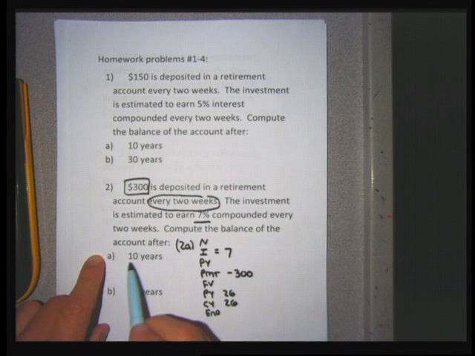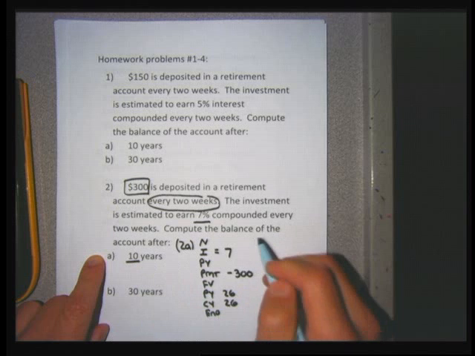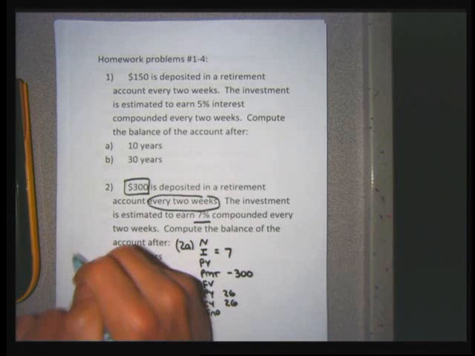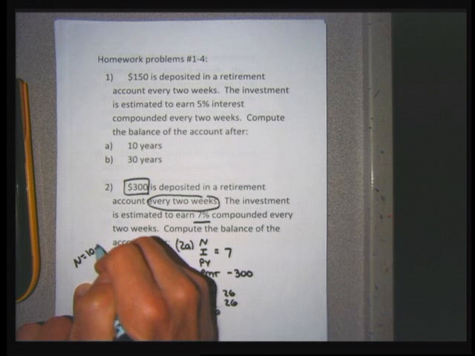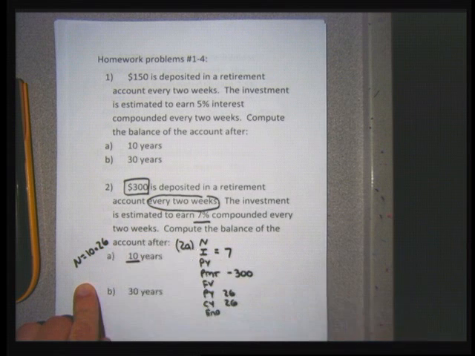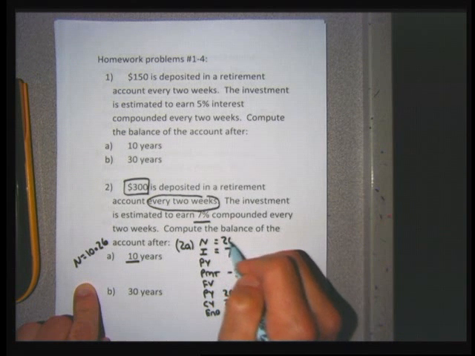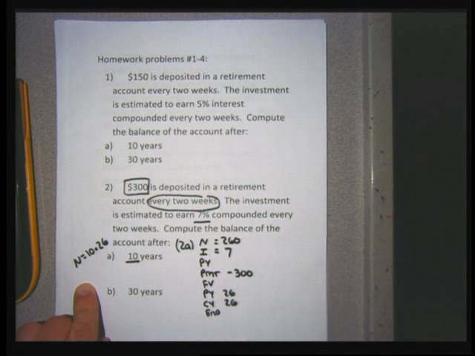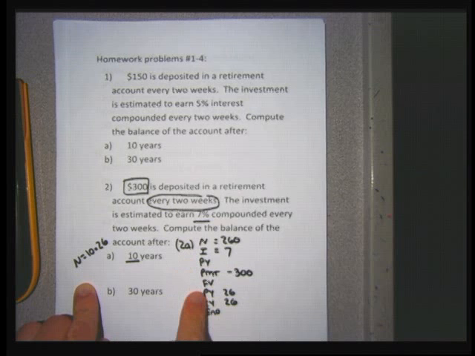And then in part A, I want to find the balance after 10 years. And so my N is going to be 10 years times 26 payments per year. And if you do 10 times 26, you'll get 260 for the N. I've used up all the information in the problem plus the extra bit for part A. And I have 2 blanks, just like in the example.